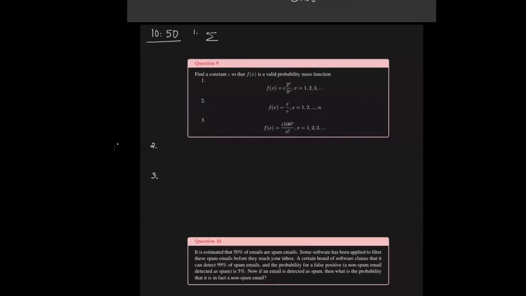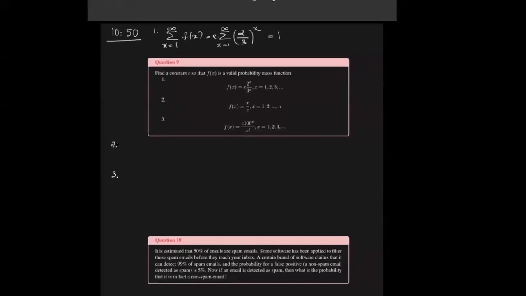So I want the summation of the function over all values of x ranging from 1 up to infinity. I want this to be equal to 1 because it is a property of a probability mass function.